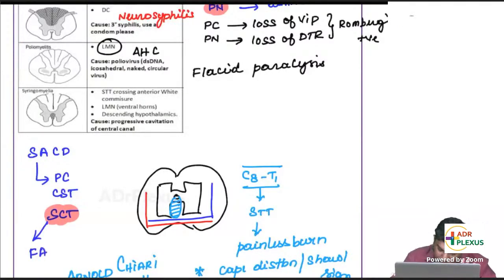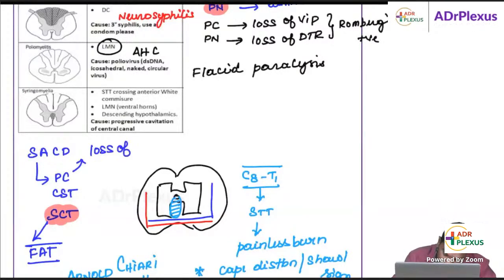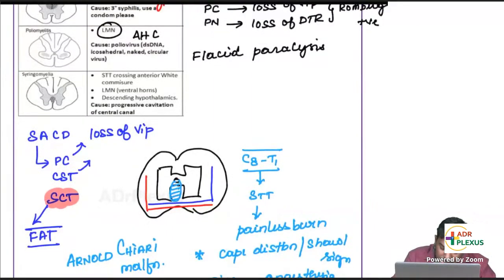Friedreich's ataxia. Okay. Now, whenever the posterior column is involved, there is going to be loss of vibration and position sense. Right? The corticospinal tract is getting involved. Whenever the corticospinal tract is involved, how will the reflex be? Reflexes will be exaggerated. Okay. But here the peripheral nerve is getting involved. Because of that, there is going to be absent or diminished DTR.